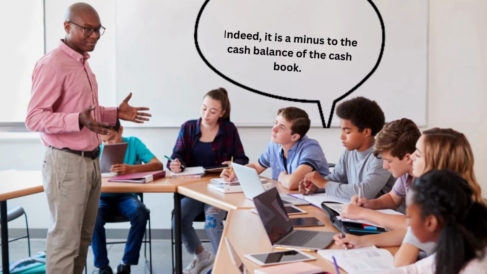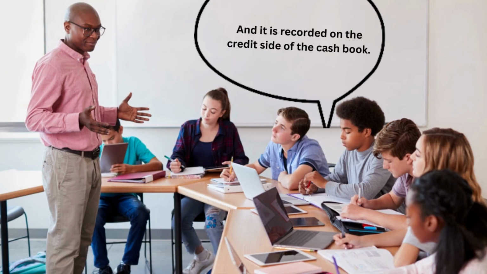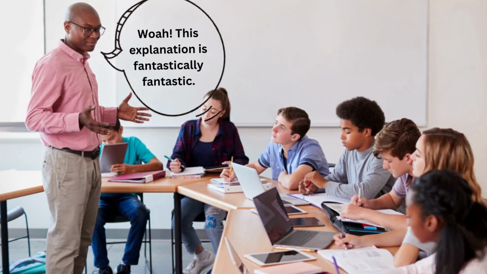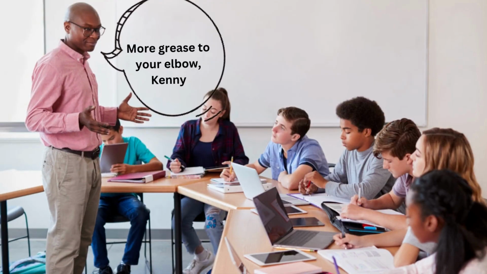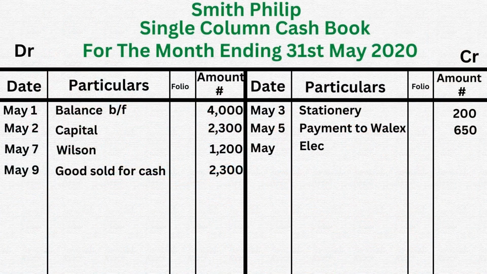Indeed, it is a minus to the cash balance of the cash book, and it is recorded on the credit side of the cash book. Wow, this explanation is fantastic. More grease to your elbow, Kenny. Therefore, here I record it on the credit side of the cash book.